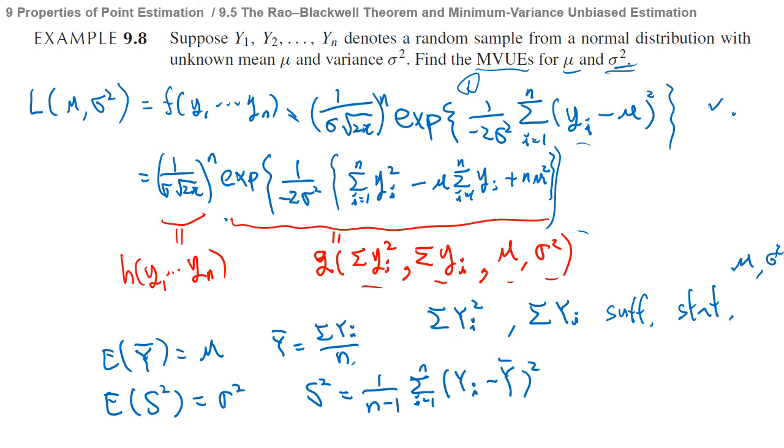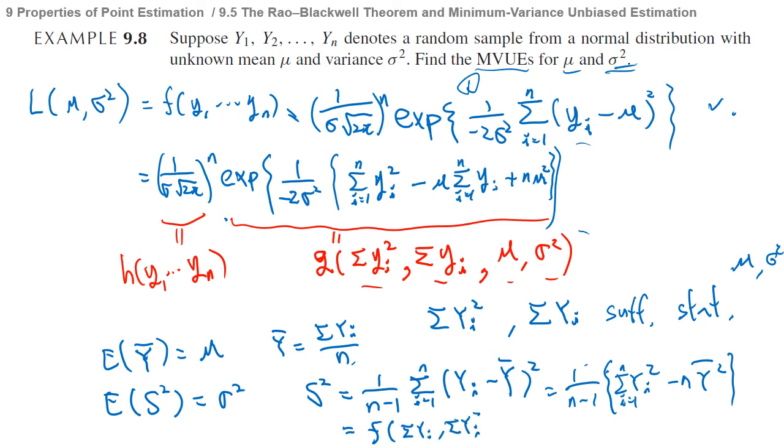We can rewrite this as 1 over n minus 1 times the sum of yi square minus n y bar square. So s square is also a function of the sufficient statistics, the sum of yi and the sum of yi square.